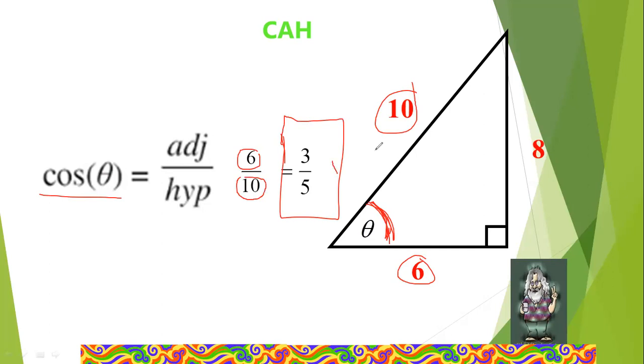So cosine theta with that triangle is 3/5. Now remember, reduce your ratio to the lowest term.